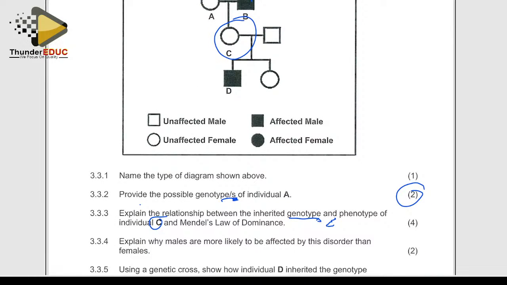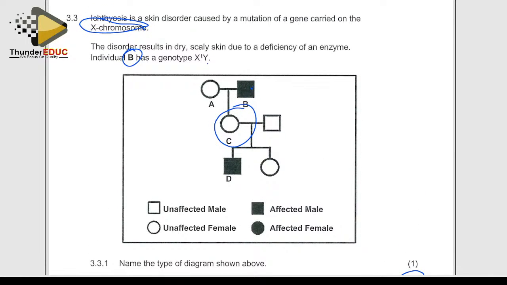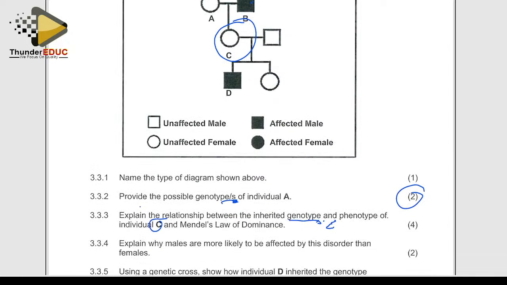So if it is individual C, explain the relationship between inherited genotype and the phenotype of individual C and the Mendel's law of dominancy. Individual C, where are you? Okay, individual C, we have seen that.